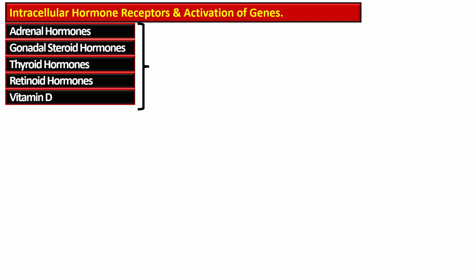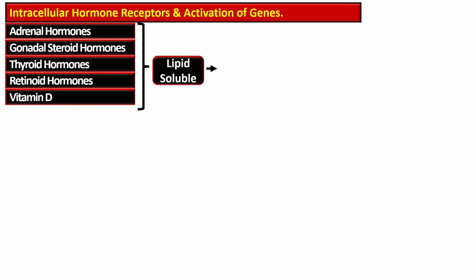The adrenal hormones such as cortisol, aldosterone, and gonadal steroid hormones such as estrogen, progesterone, and testosterone, thyroid hormone T3 and T4, retinoic acid, that is the vitamin A derivative, and the vitamin D, that is calcitriol.